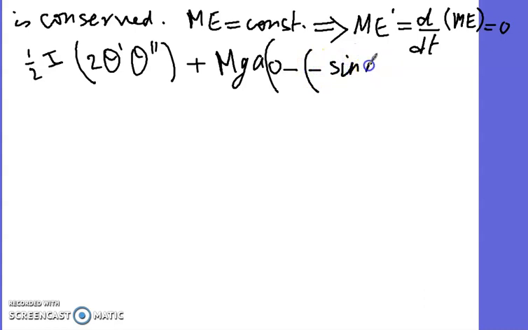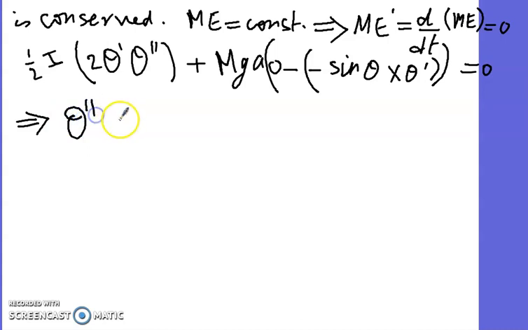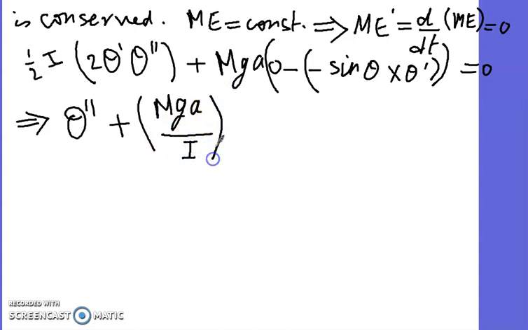Minus sine theta times theta prime. This is a mathematical rule. Okay, we are equal to 0. So rearrange this equation in an elegant form. And remember that theta prime different from 0, we get theta double prime plus mgA over I, all of these are constant, sine theta equal to 0, with theta prime different from 0 in general.